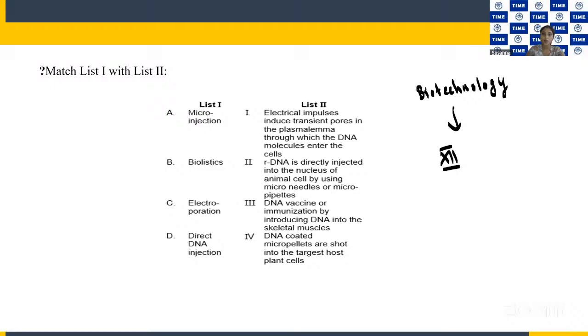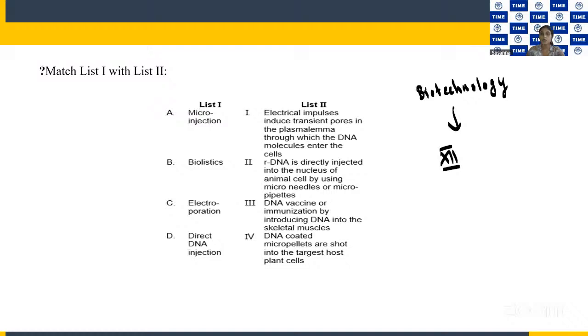In list 1, we have A, microinjection; B, biolistics; C, electroporation; D, direct DNA injection. And in list 2: electrical impulses induce transient pores in the plasma membrane through which the DNA molecules enter the cells.